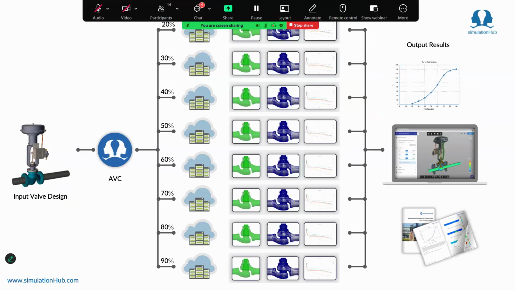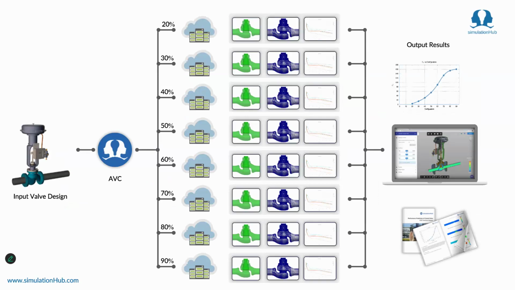So unlike the conventional software, where license constraints and machine constraints mean everything has to go in sequence, here, because it's a cloud native flow simulation software, there is no constraint as such. So each opening condition runs in parallel, and then at the end of 1 or 2 hours, you get the complete picture, the complete CV curve out of it.